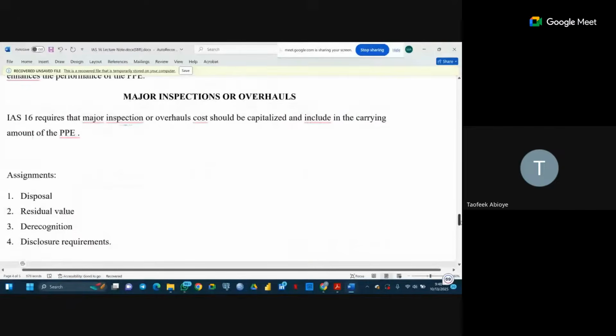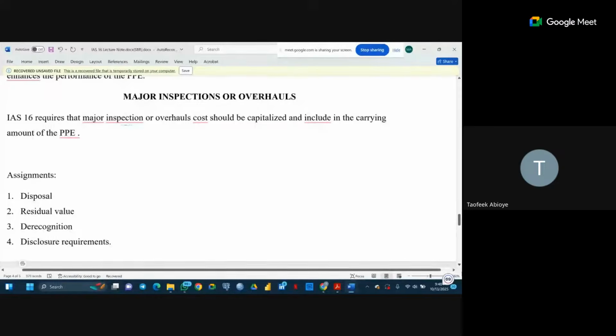This is the scrap value, the actual value we have after removing the depreciation from the cost of the asset. Then the disclosure requirements. What are the disclosure requirements? We have the recognition criteria, the value of the asset, the depreciation policy. All these are part of the disclosure requirements. So we can just make these findings in our free time.